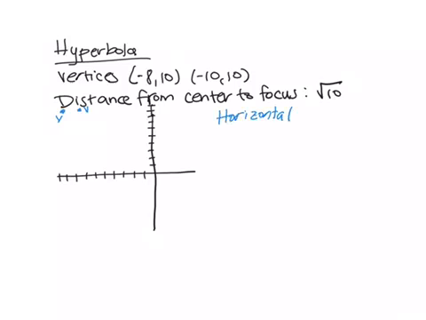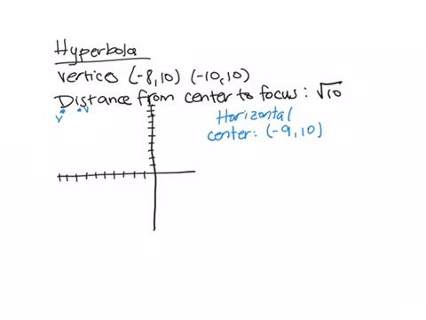Also, we know that the center is going to fall directly between those vertices. So this would also tell us that the center of this is located at negative 9, 10. So we know where that's located as well.